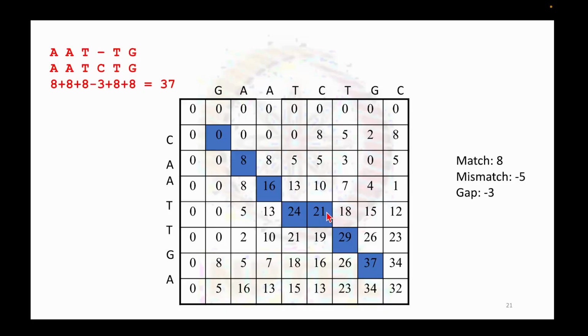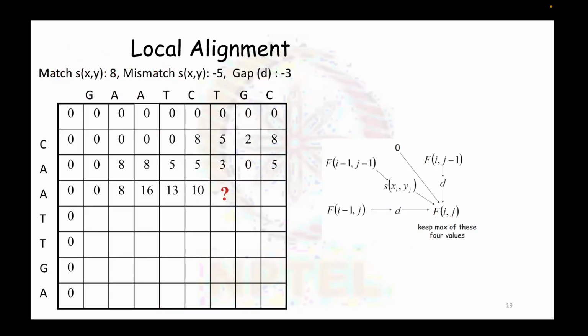Then we move towards the gap penalty, so a gap has been introduced here, and the C value has been aligned with the gap. Then again we move diagonally, so T and T are matched, A and A diagonal movement, A and A diagonal movement. So this is finding the similar subsequences that are available in the given input sequences.